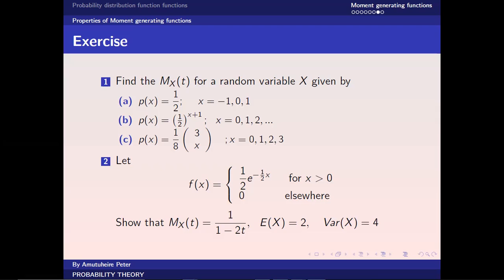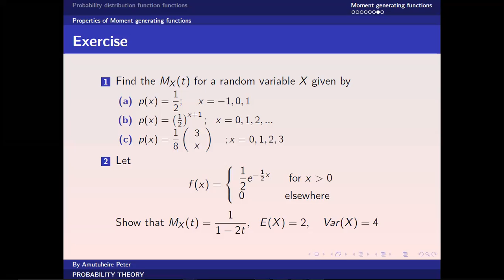But also, if I want to get the first moment, for example, I can differentiate with respect to t, not with respect to x.